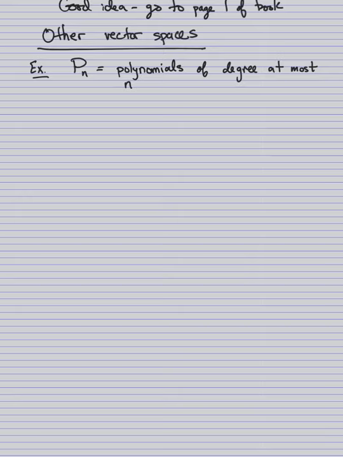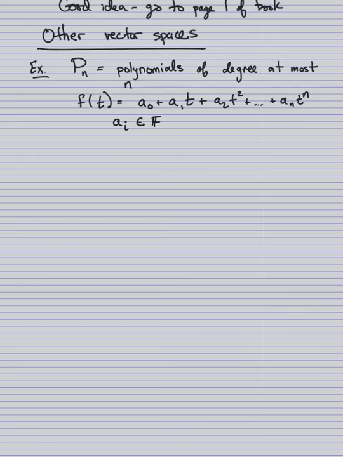In other words, this looks like f of t, so it's going to be a0 plus a1 t plus a2 t squared all the way to an t to the n, where the t is just a variable and the a sub i are going to be in whatever field you want.